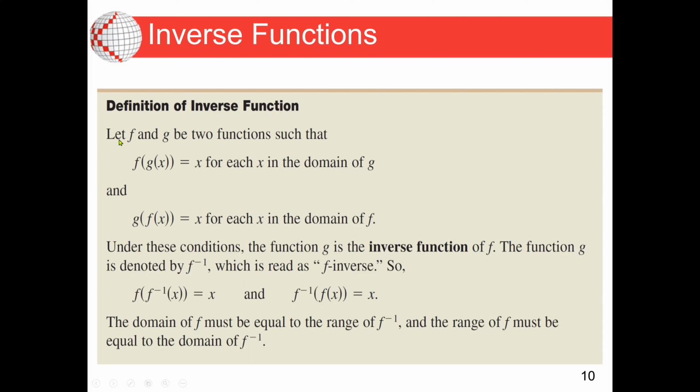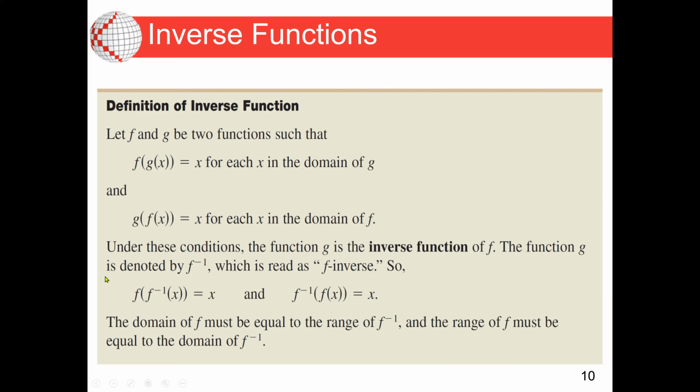For example, we have two functions f and g. We know that f of g at x, which means x for each x in the domain of g, g of x is our inner function. And also we know g of f at x will be x for each x in the domain of f, because f of x is our inner function or the input to g of x.